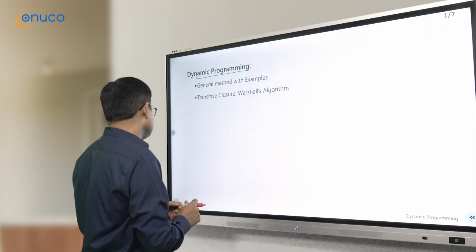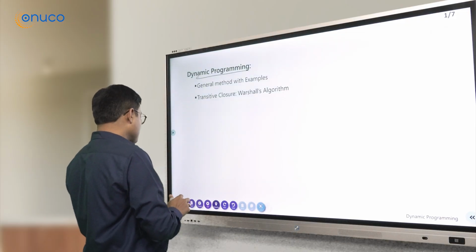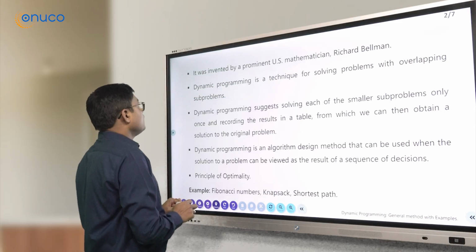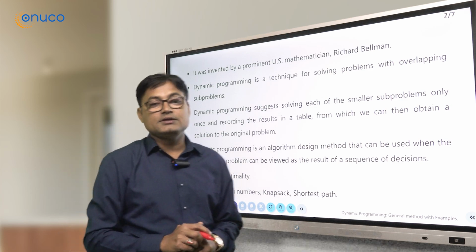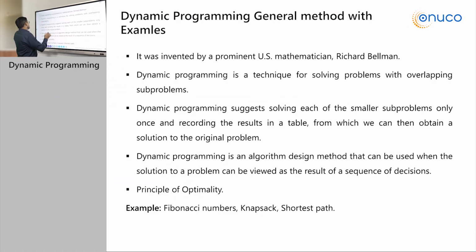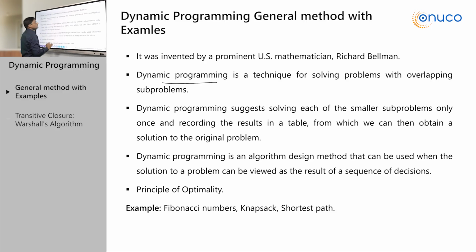So first we are going to see what dynamic programming is and how we are going to perform the task. First, why dynamic programming? It is a technique to solve a problem by overlapping the previous instances' solutions. Like when calculating a Fibonacci number, you know the first two Fibonacci numbers are 0 and 1.